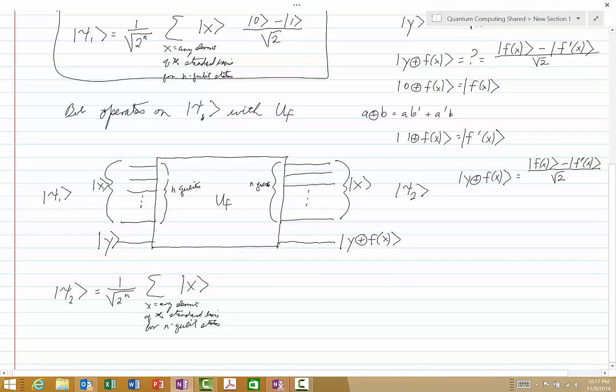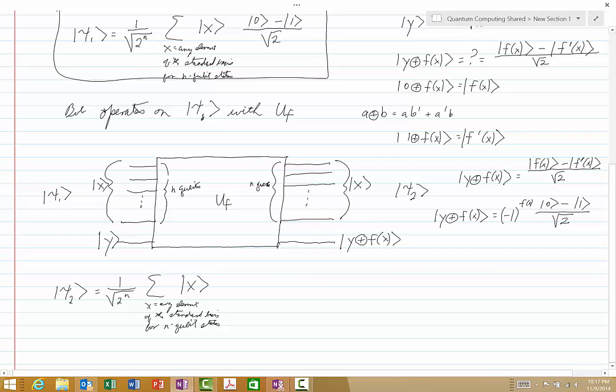So another way of writing y exclusive or f of x is to say the following. It's negative 1 to the f of x power times 0 minus 1 over the square root of 2.